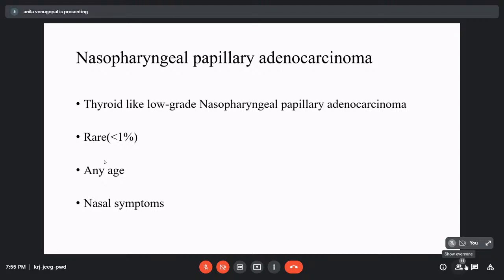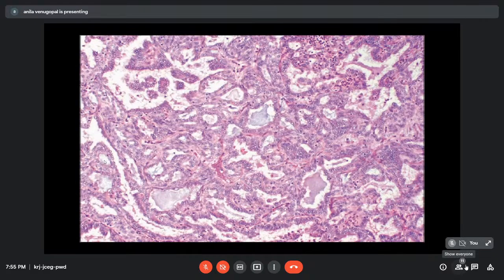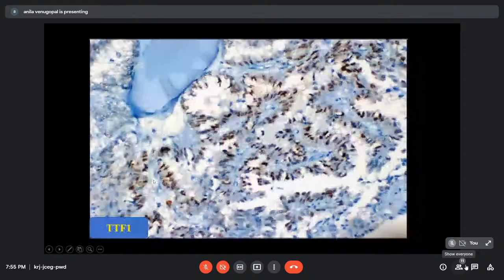This is the architecture. As we can see, there are nice papillae, and the nuclear features show clearing and resemble thyroid papillary carcinoma, with secretions also visible. TTF1 is positive in many cases, and that is when we label it as a thyroid-like nasopharyngeal papillary adenocarcinoma.